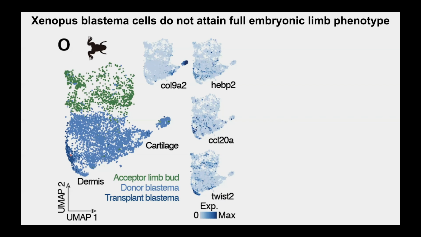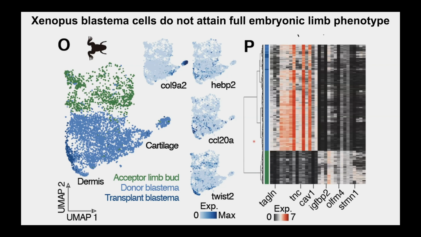And so you can see that these transplanted blastema cells seem to be blind to their environment. They really don't seem to change their transcriptional profile towards a limb bud-like state, confirming our quadratic analysis that the Xenopus cells do not acquire a limb bud-like expression profile.